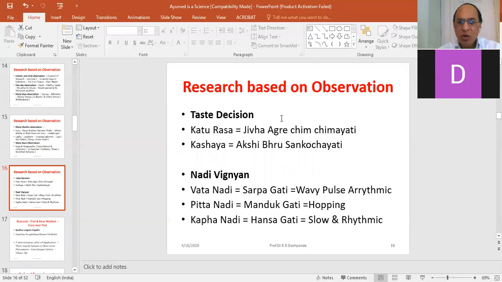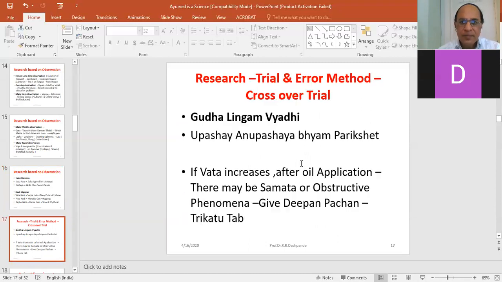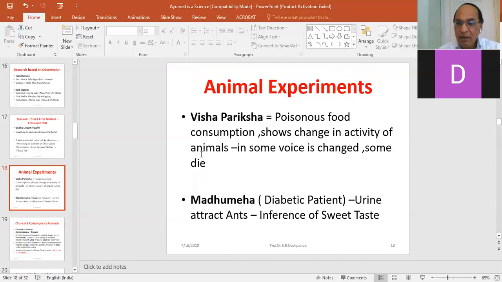Then research based on test decision, how katu rasa and kashaya are diagnosed, nadi vijnana: vata nadi, pitta nadi, and kapha nadi. Then crossover trials like guda lingam vyadhi, upashaya, anupashaya, abhyam parikshet. Then visha pariksha, where animal experiments were done with different animals. Then in madhumeha, ants are observed to be attracted by the urine of the madhumeha patient.